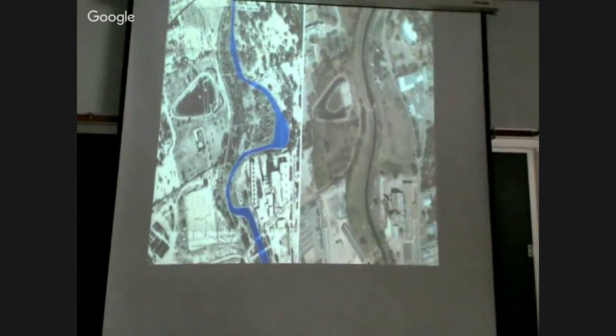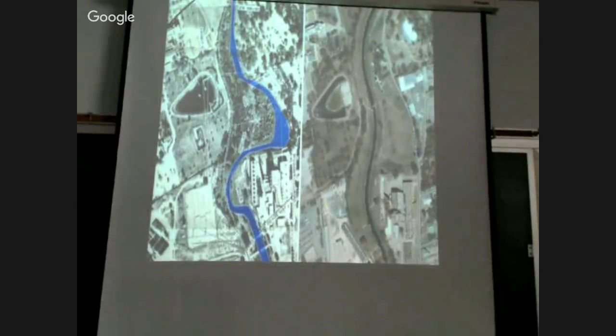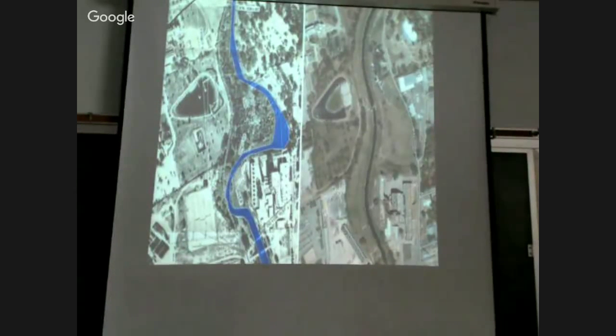As you can see, which was presented in both of the channelization groups, the length of the river has obviously decreased. The other thing you should notice is that the width of the river has also decreased as a result of channelization. The areas adjacent to the river are the floodplains, which were explained by the groups.